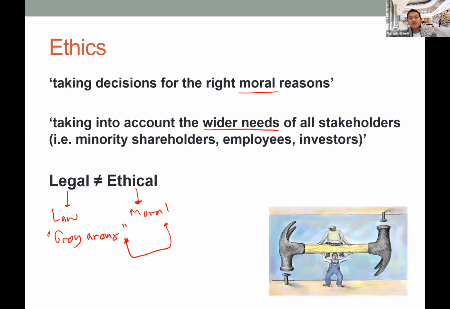For example, if the company wants to manage their earnings, they may choose a certain accounting standard to report high profit. That is totally legal, but sometimes it will become unethical. So we will discuss mostly about moral, not the legal standard.